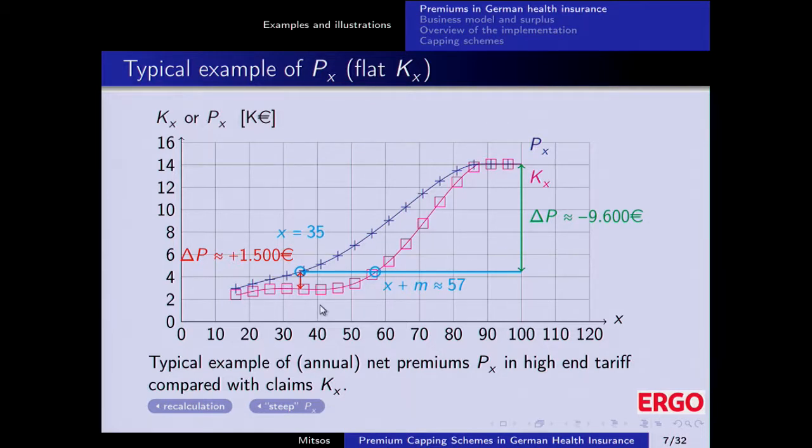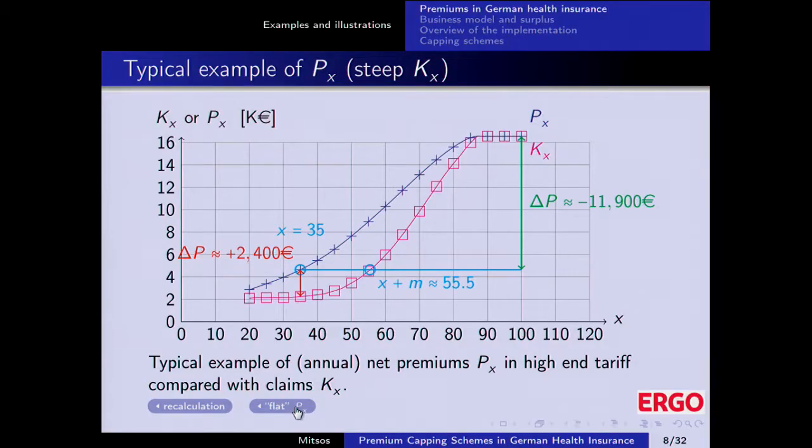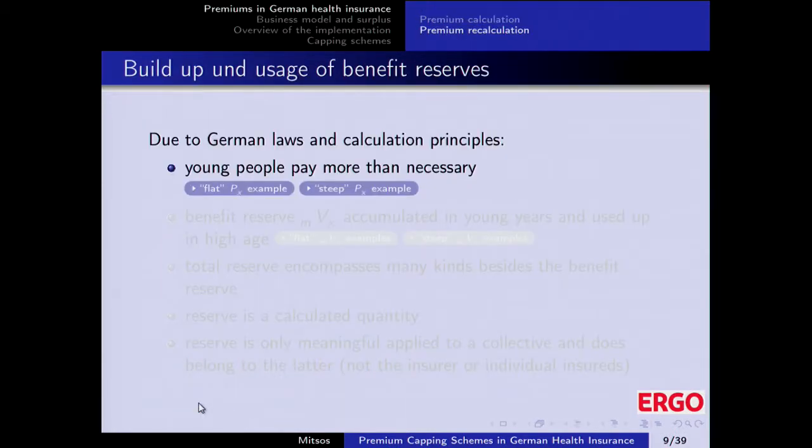And depending on how steep or flat this profile is, the numbers may be bigger or smaller. This is a bit steeper and then gives higher numbers. Of course, all high-end tariff. Of course, if you have only a dental coverage, the sums are not so huge.